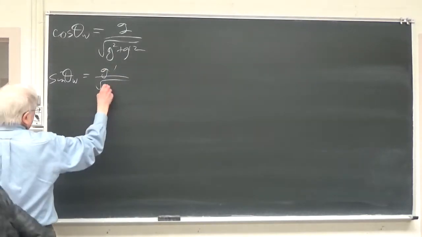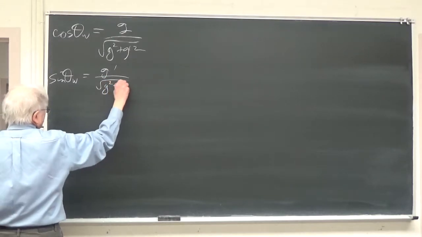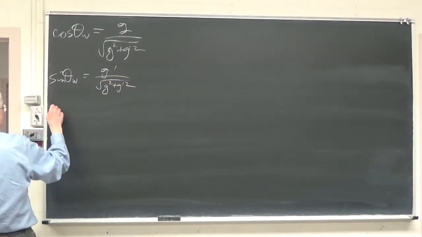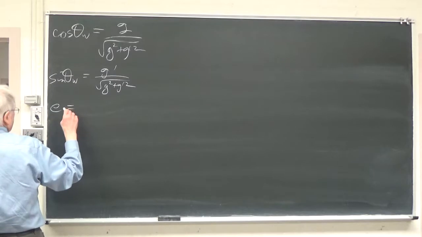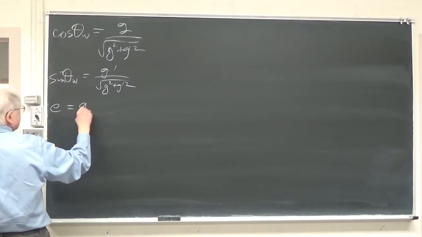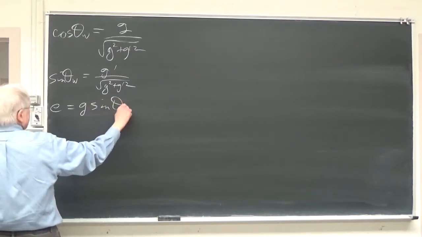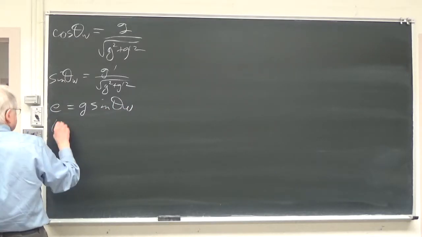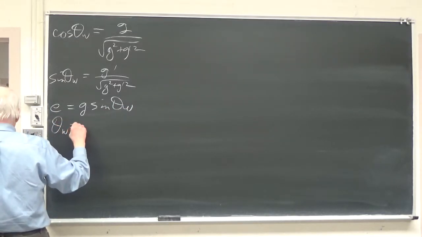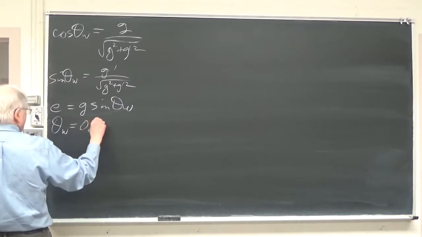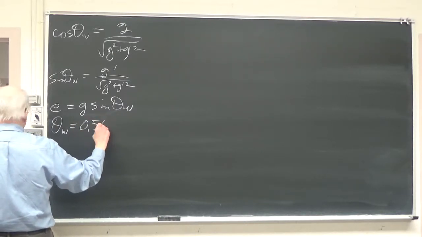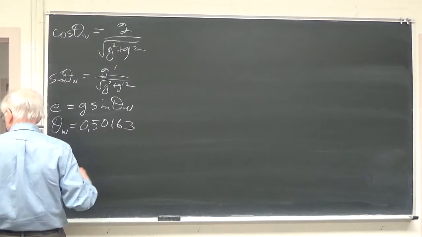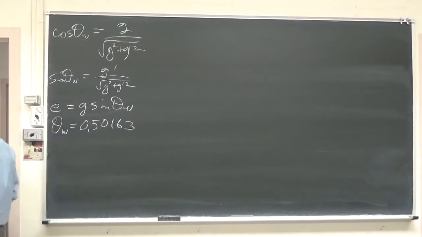And the electric charge is g times the sine of theta W. And theta W is around a half, 0.50163.